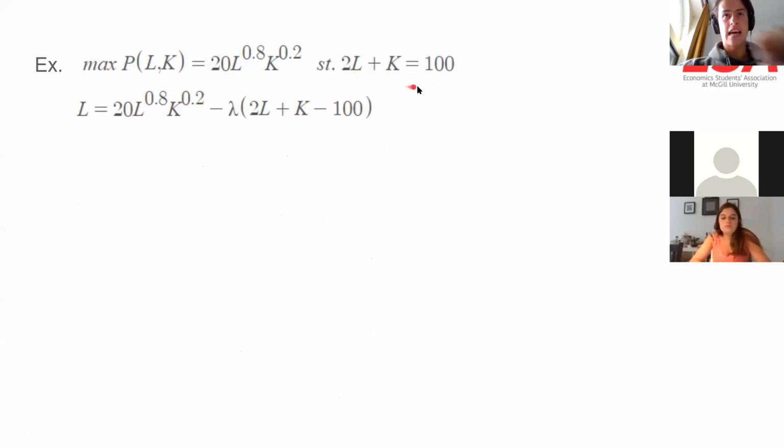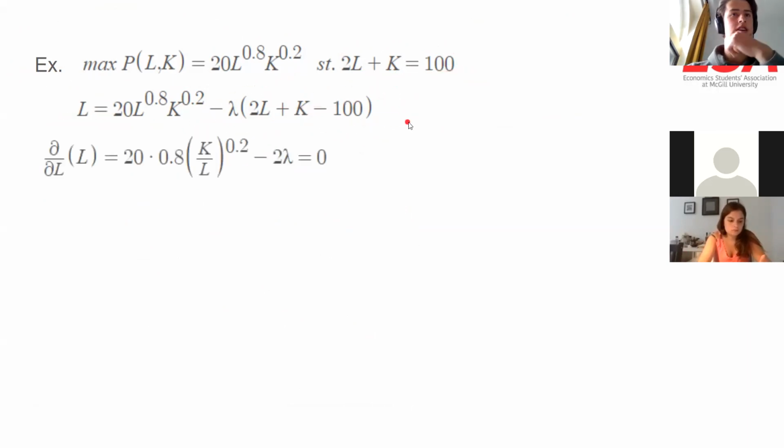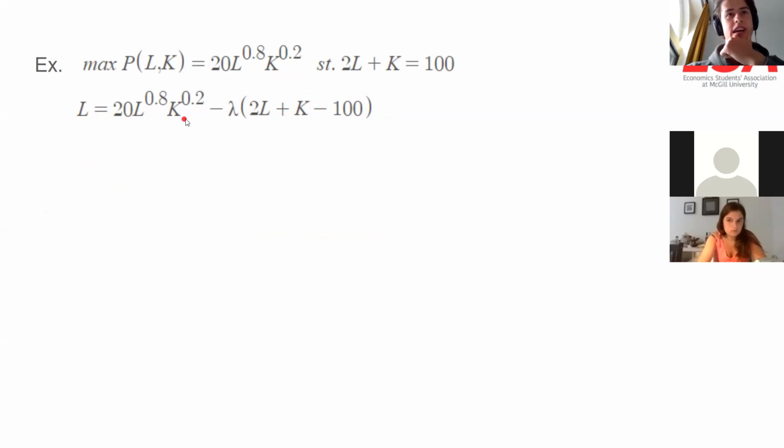So what we did here, again, is integrate the constraint within our objective function by setting this equation to 0 and then multiplying it with the Lagrange multiplier, putting the 100 on the other side. You get this. Now looking at our first order conditions, we'll have three: one with respect to L, one with respect to K, and one with respect to lambda.